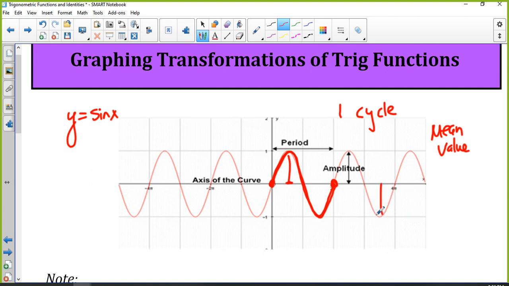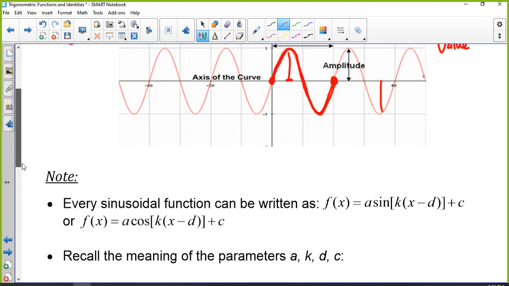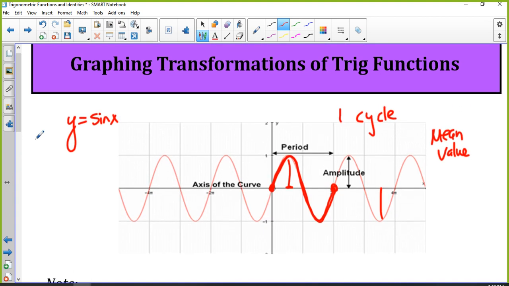That's called the amplitude. For y equals sine x, the amplitude is 1. Meaning the maximum happens at positive 1, the minimum happens at negative 1. All right, so all of these things are key features. We have the axis of the curve, or the mean value, the period, and the amplitude.